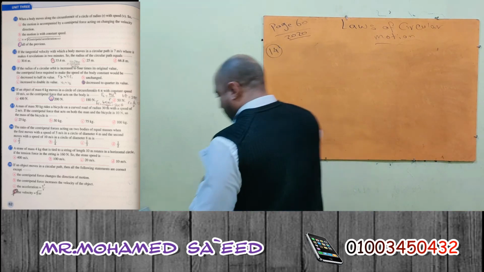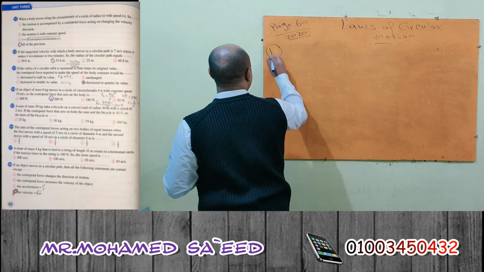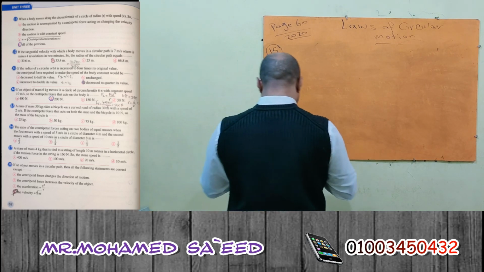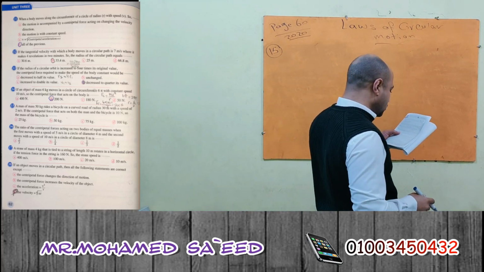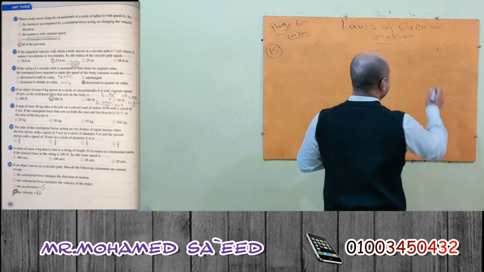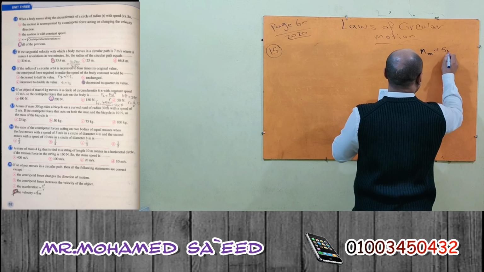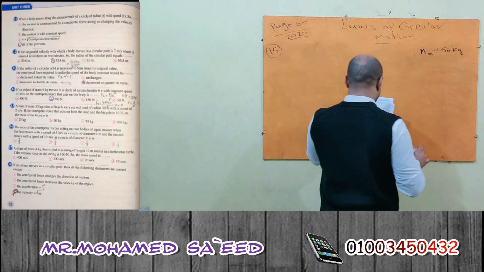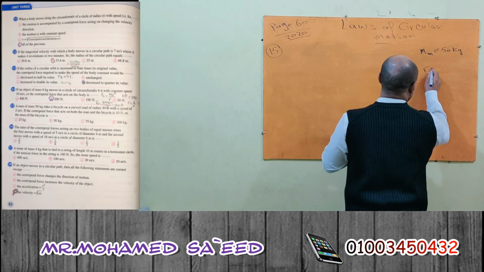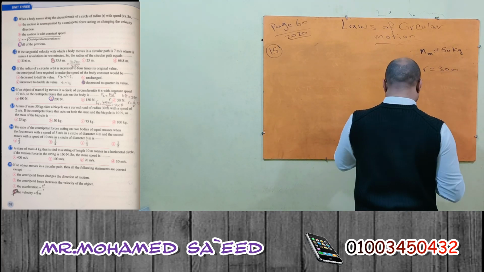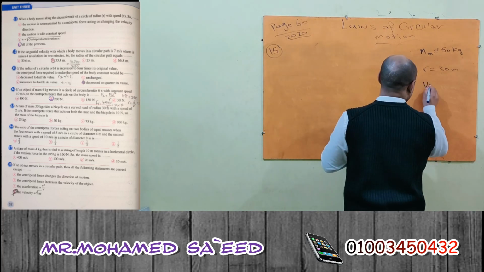Okay, the next question, question number 15. A man of mass 50 kilograms rides a bicycle on a curved road of radius 30 meters with a speed of 2 meters per second. R equals 30 meters, V equals 2 meters per second.